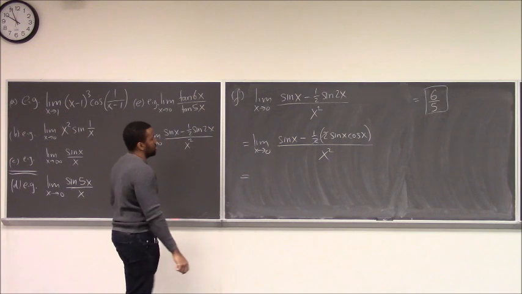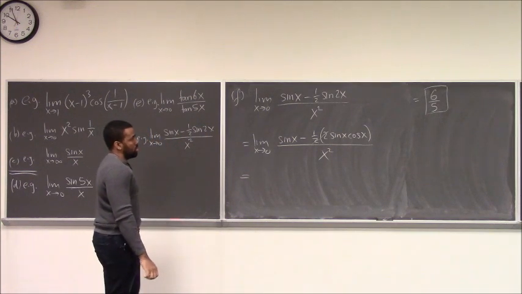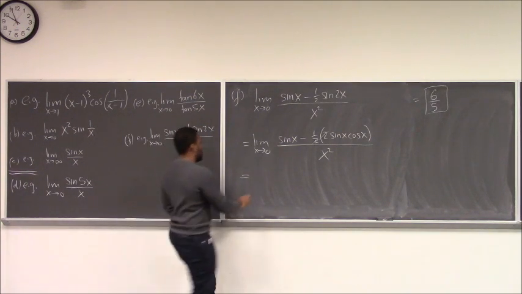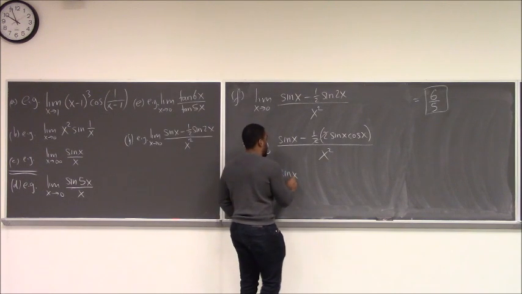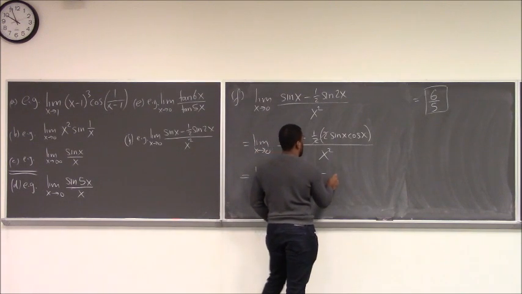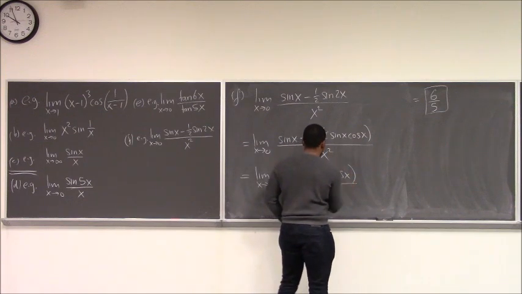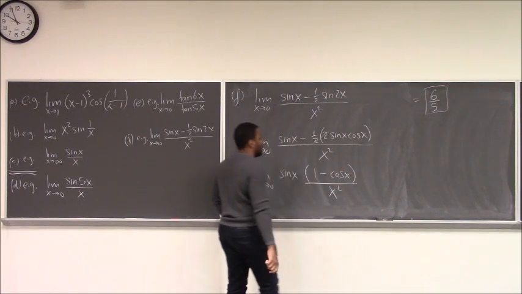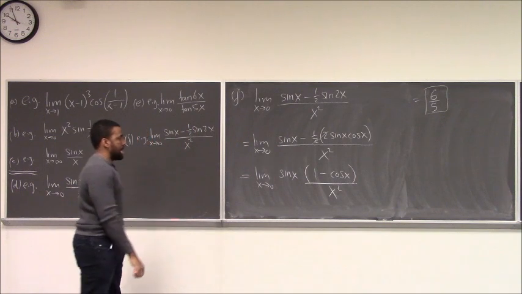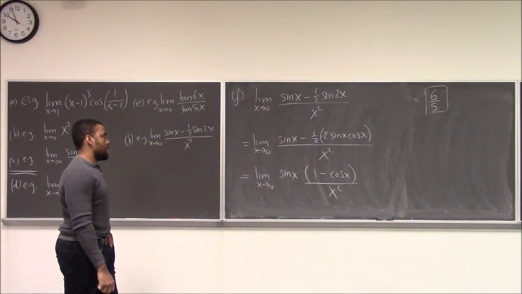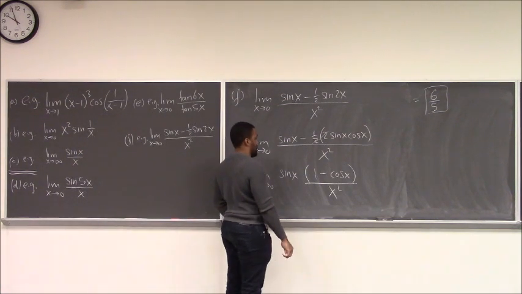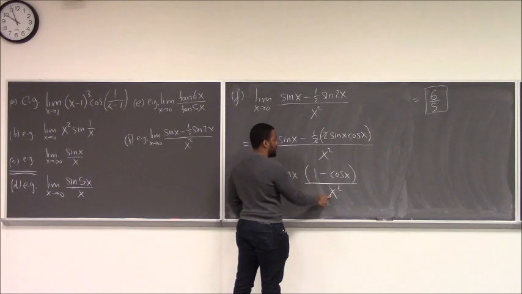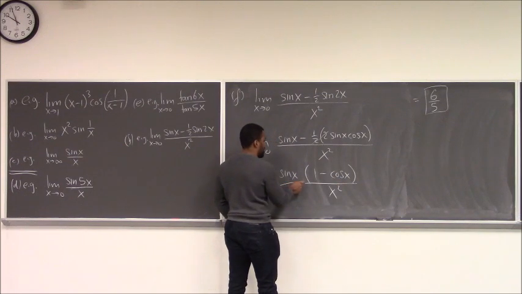Then, out of the numerator, I factored out a sine x. And then I separated that into the limit as x approaches 0 of sine x over x times the limit as x approaches 0 of 1 minus cosine x over x, to get 2 different limits. Okay, so with this x squared, again, you can do that whole shifting thing.